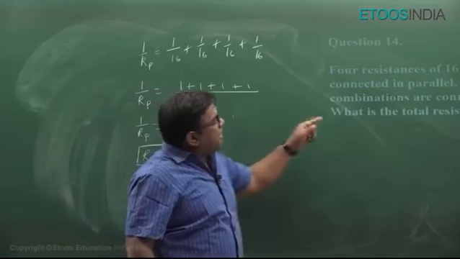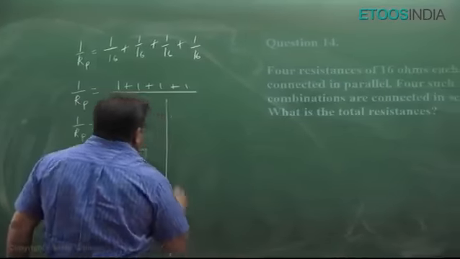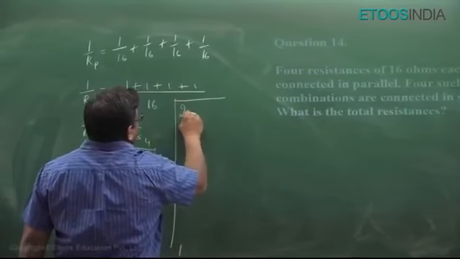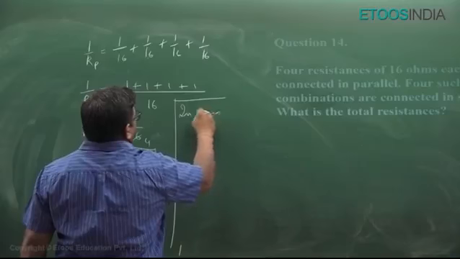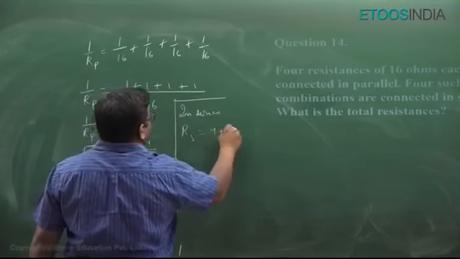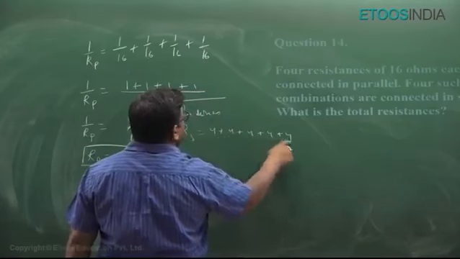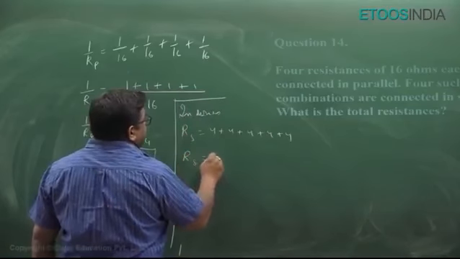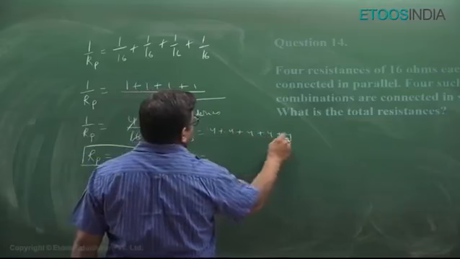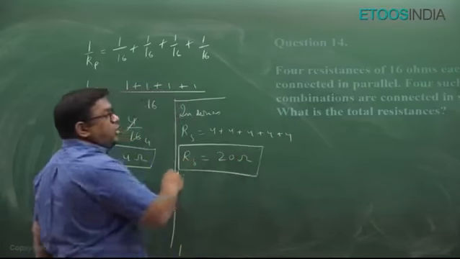Now such combinations are connected in series. So we know that when it is connected in series, the answer is 4 plus 4 plus 4 plus 4 plus 4, 1, 2, 3, 4, 5, and Rs will be equal to 20 ohms.